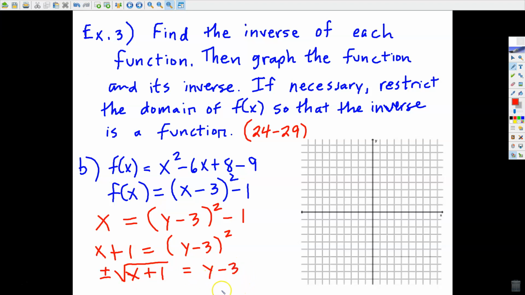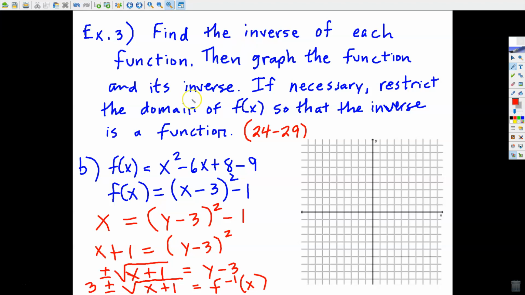And we're almost there. Claire, and last step to solve for y? Add 3, and I'm going to put it in front so there's no thinking that it might be underneath the radical. And now that I'm in solve for y form, I'm going to use my inverse notation. This is the inverse function. All right, questions so far?